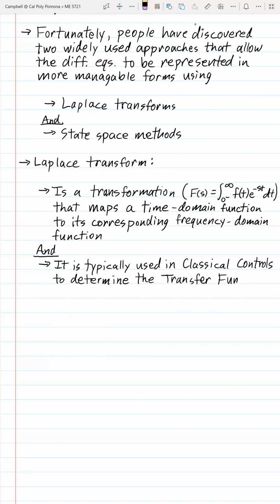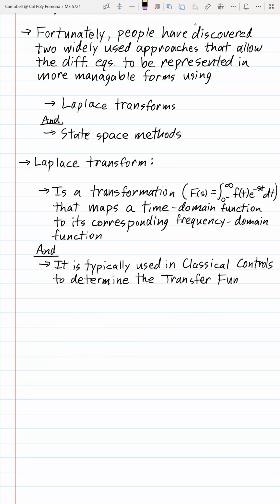So that's something to make a note of. So in classical controls, this idea of system included essentially the dynamic system, the physical system itself, in addition to the one input and the one output. So we just lumped that all together as system, though we're going to start to see that that idea of a system potentially breaks down a little bit when we start talking about state space methods.